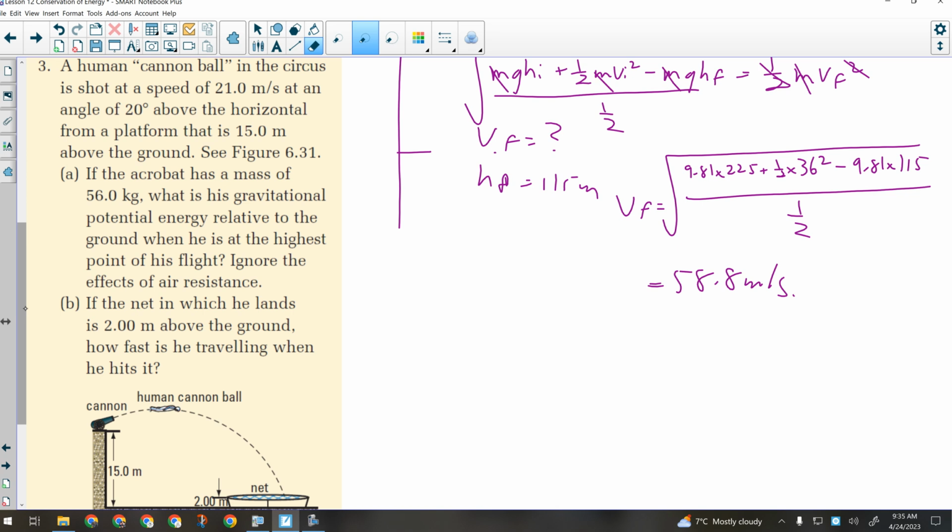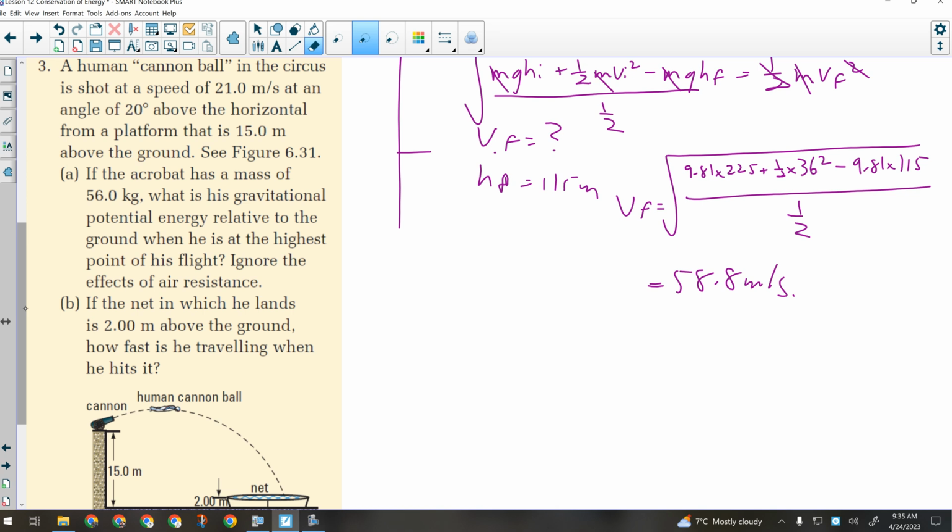Okay, there's a couple of things we have to do here in order to get this answer. One of them has to do with projectile motion. How fast am I moving vertically at the highest point in my flight? 0. Am I still moving horizontally though? Now here's the other thing. Energy is scalar.